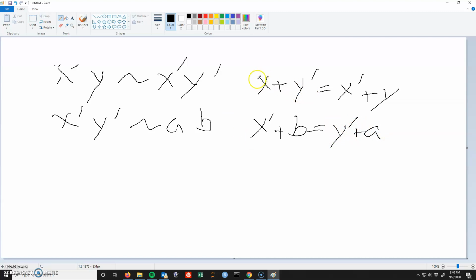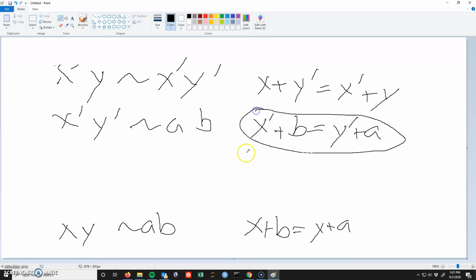So I have these two equations, and I want to combine them, and hopefully at the end of the day, I want to be able to say that (x, y) is related to (a, b), if this is indeed transitive, which means that I need to show that x plus b equals y plus a. So I'm going to take this equation and solve for x'. So x' is y' plus a minus b.